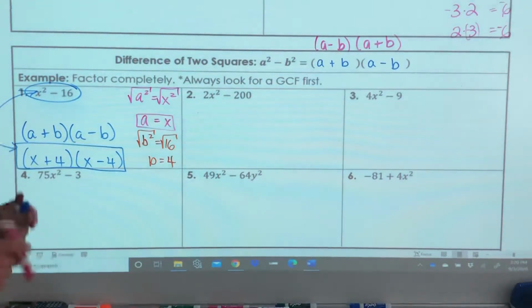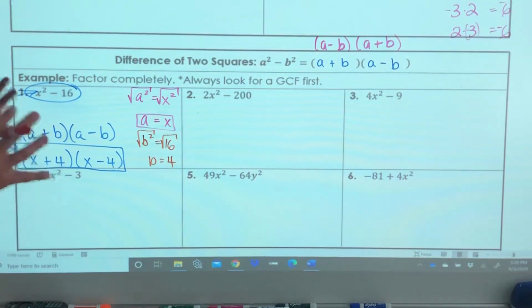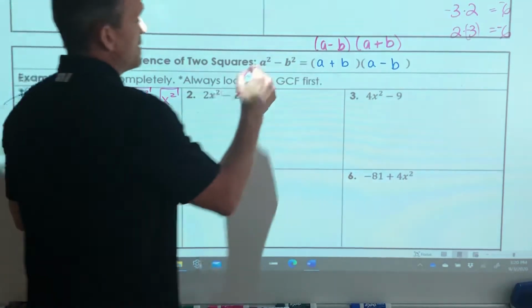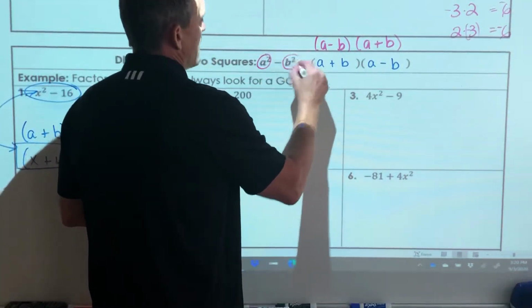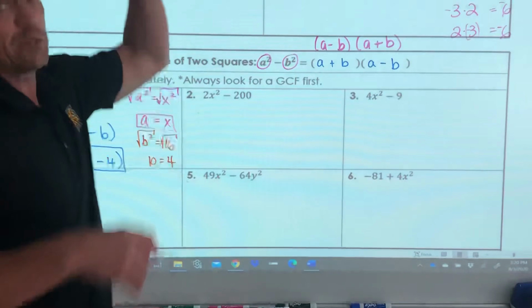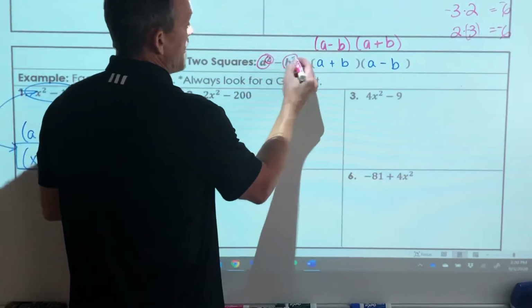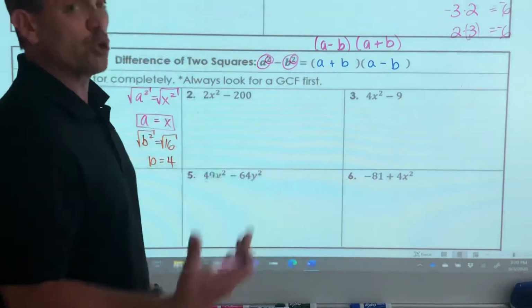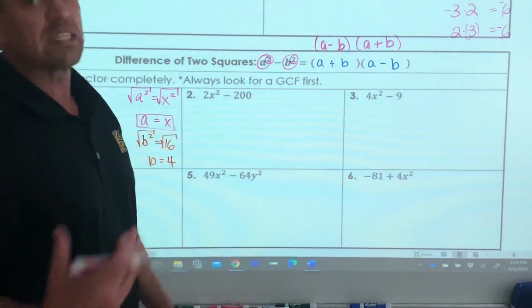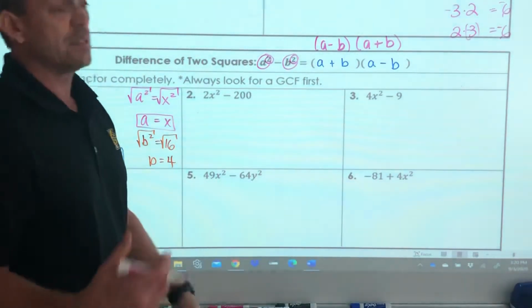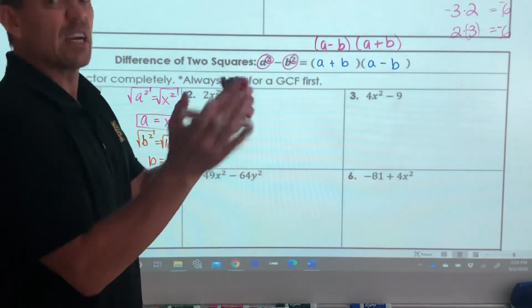Same difference. Number 2 is a little bit different. Why is number 2 a little bit different? The key thing when you use this formula is that this has to be a perfect square and this has to be a perfect square. That's why we talked about those perfect squares. So for instance, this has to be an even exponent: 2, 4, 6, 8, 10, something that you can basically cut in half.